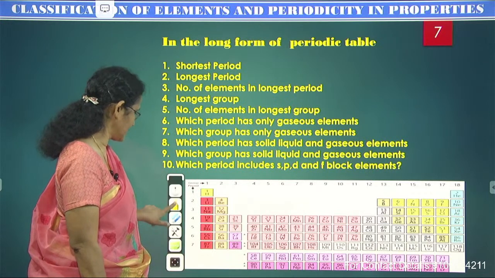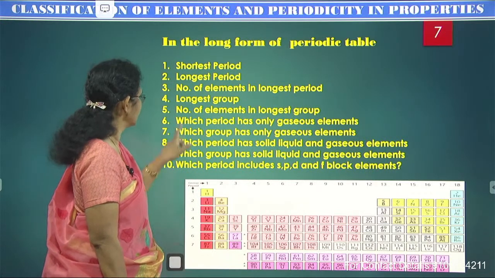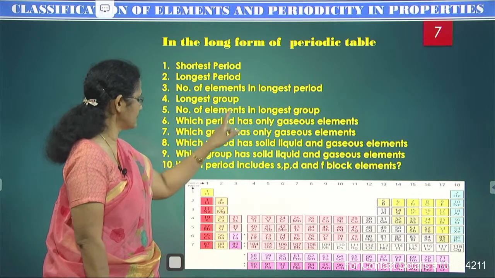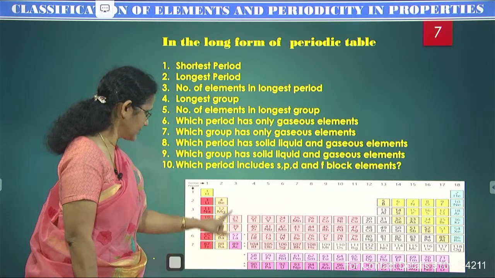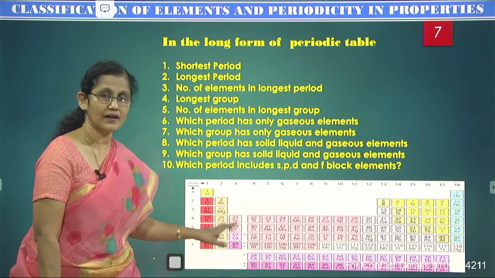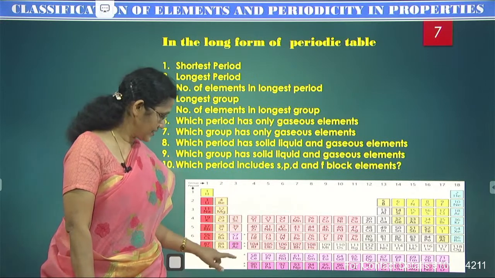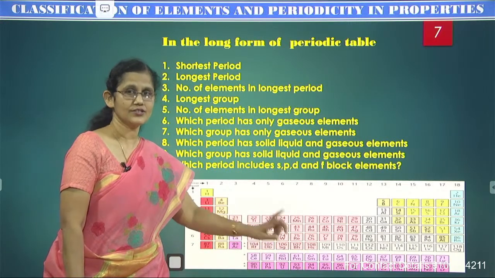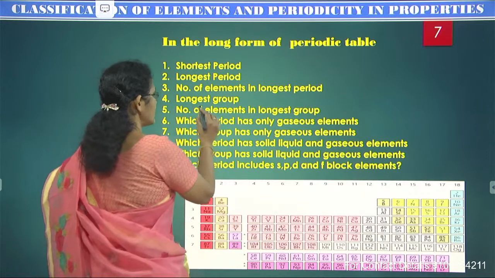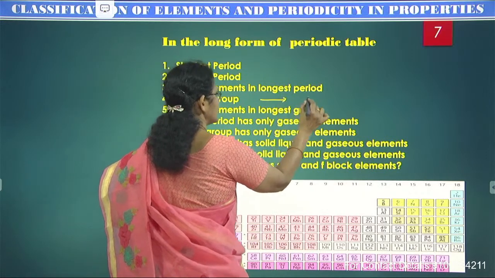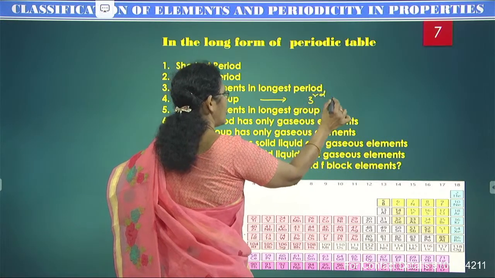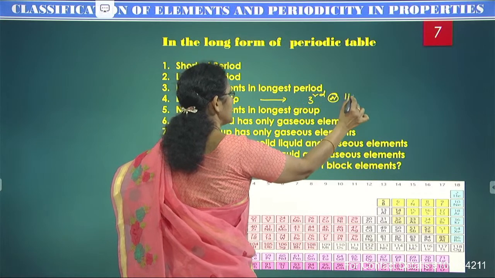So, now see the question, which is the longest group in the periodic table? Third group or 3B group. Already originally 4 elements are there, 14 lanthanides, 14 actinides. So, longest group, third group or 3B group.